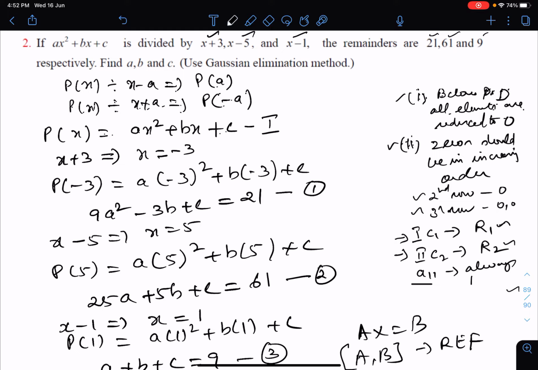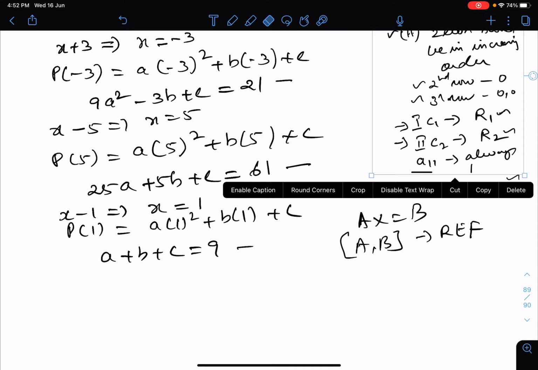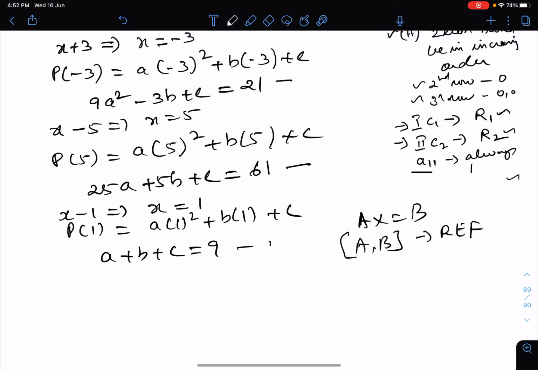When you reduce the first column to zeros, you seek the help of row 1. For the second column, you seek the help of row 2, and our first element should be 1. But here, the last equation has 1, 1, 1. So let me write the equations in the reverse order. We will take this as the first equation, the next one as the second equation, and this as the third equation.